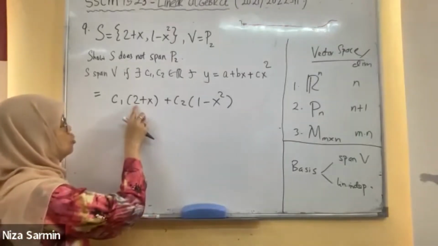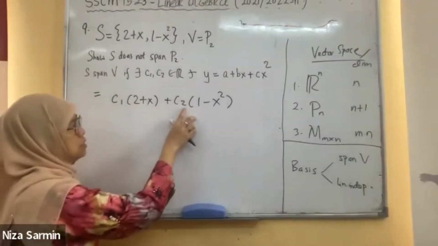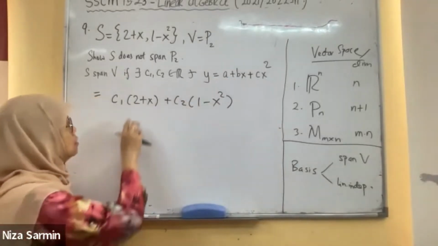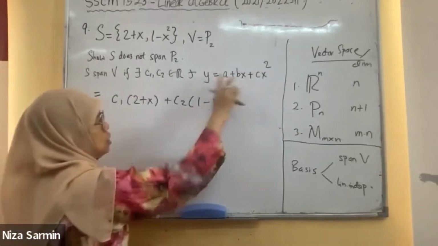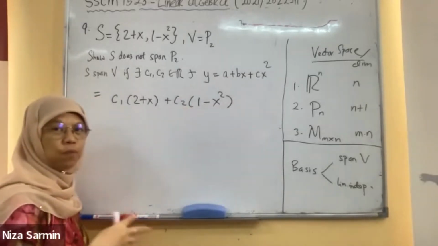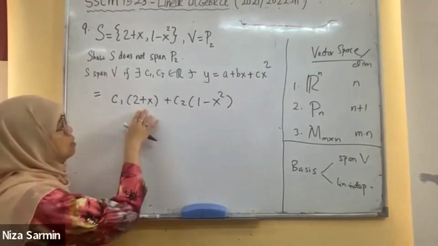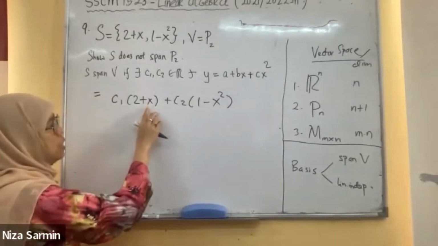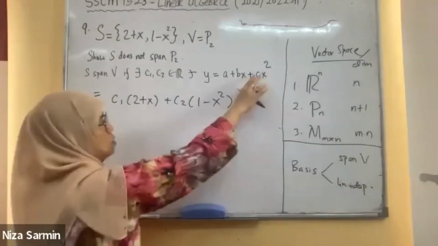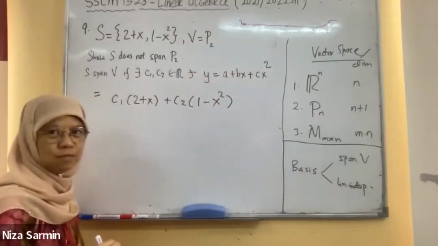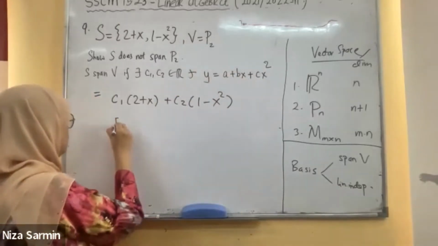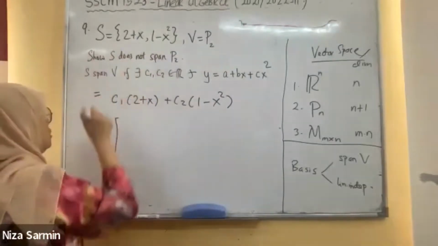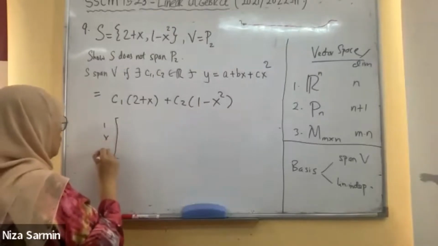So you will get 2C1 plus C2 equals A. Then you compare the x: C1 equals B. Then you compare the x squared: negative C2 equals C. Okay.